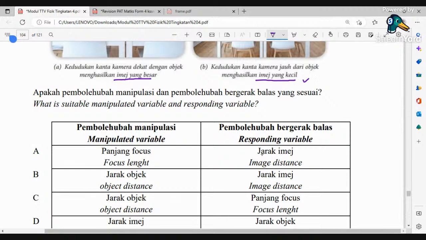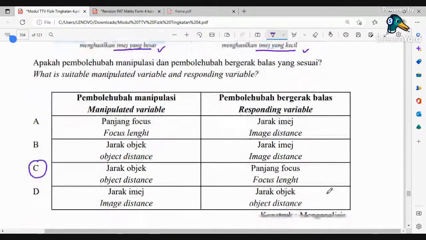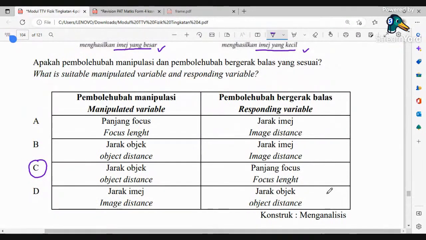Okay, it does not mention about further or closer. Okay, sebab hanya image, size of image, so means the most suitable answer should be C. Okay, kalau ada height of image, tu boleh lagi tepat lah. Ini ialah focus length.